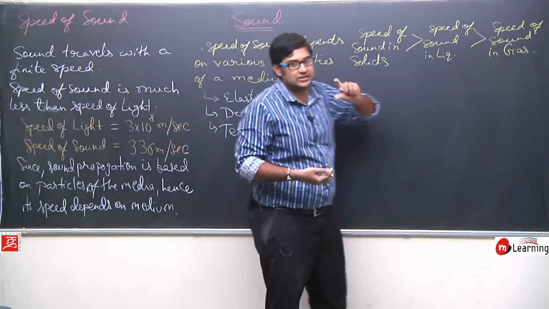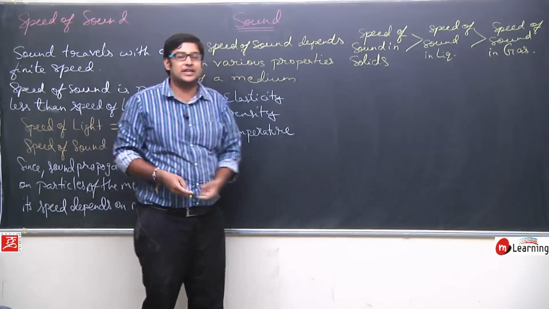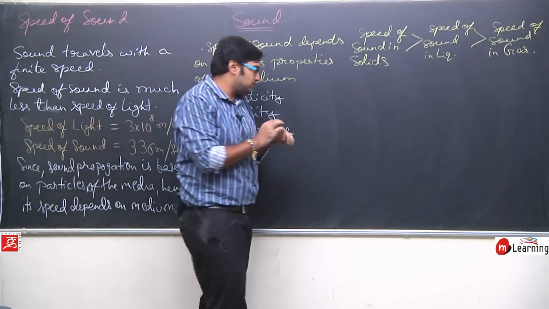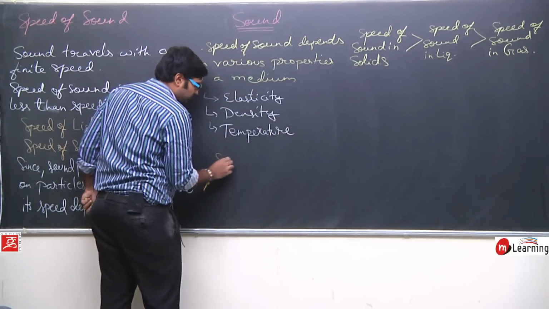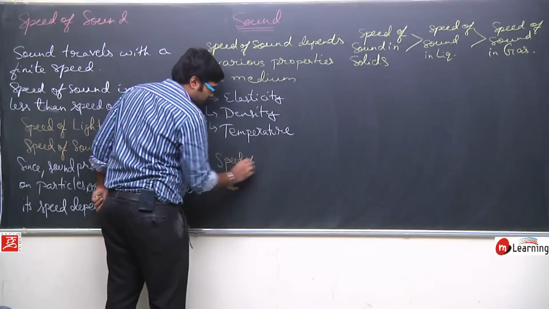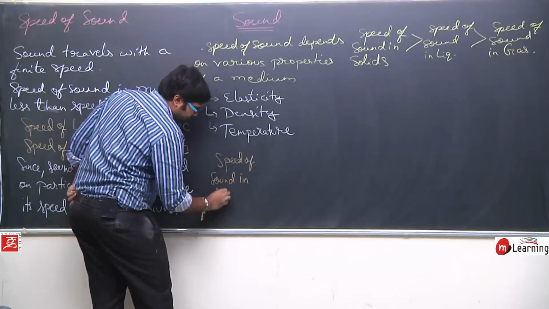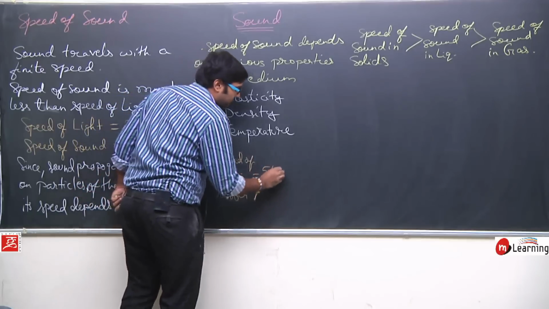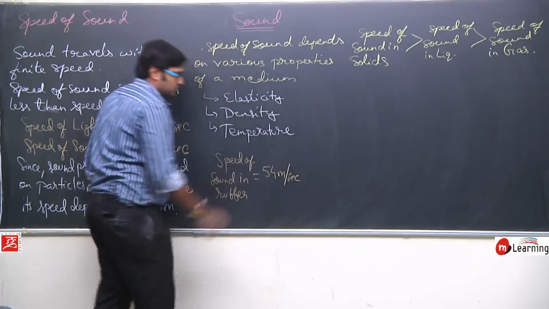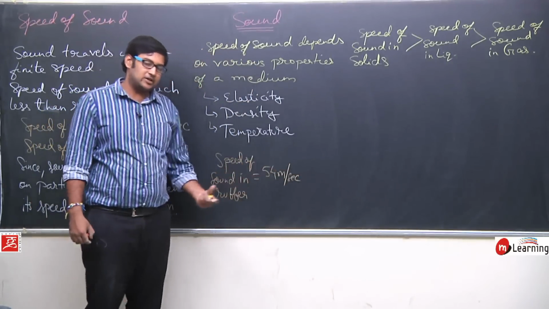This is a general observation, but do not take it as a fixed observation because there are some exceptional cases. For example, if we talk about the speed of sound in rubber, it is only 54 meters per second.